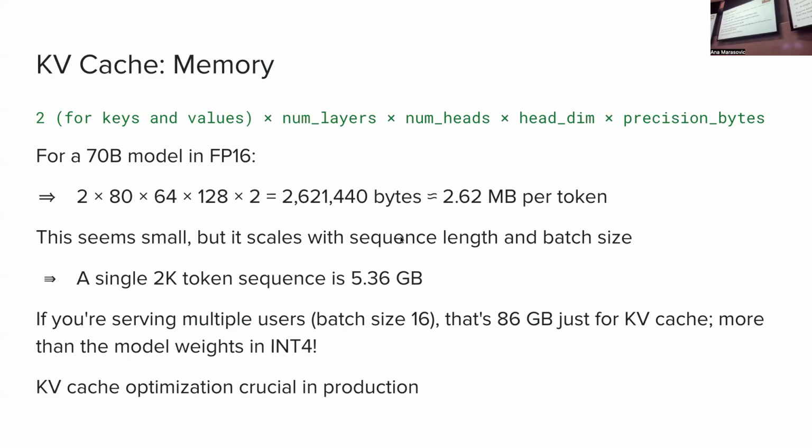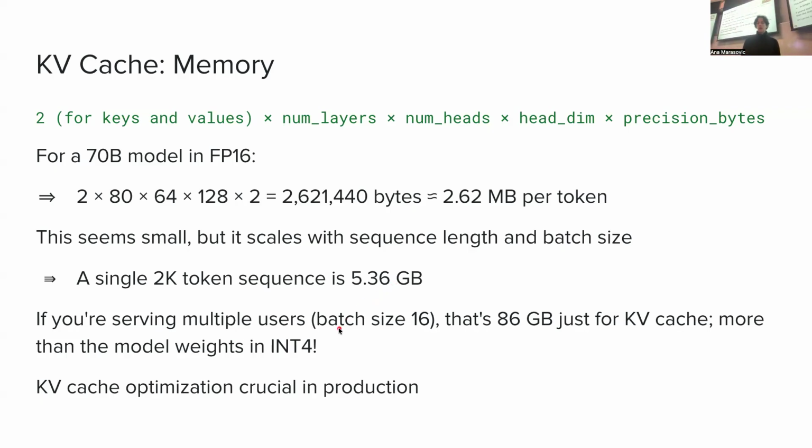Then we collectively make a batch of 100 inputs. And now we multiply this value and this becomes very large. So for, let's say, serving 16 people at the same time, you would need 86 gigabytes of memory to generate the sequences, a full A100 of 80 gigabytes, which is, trust me, expensive.